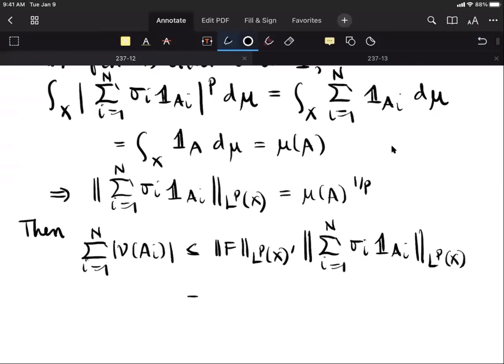But we know that the second term on the right-hand side is just the measure of A raised to 1 over p.